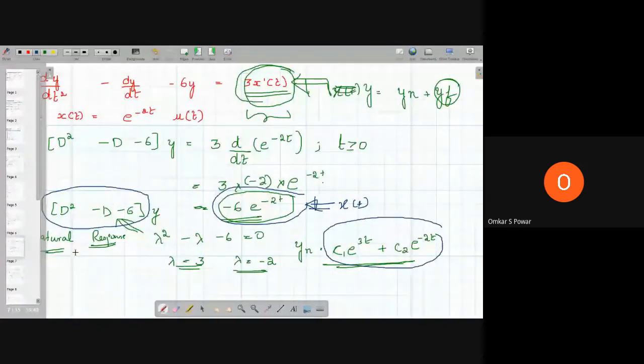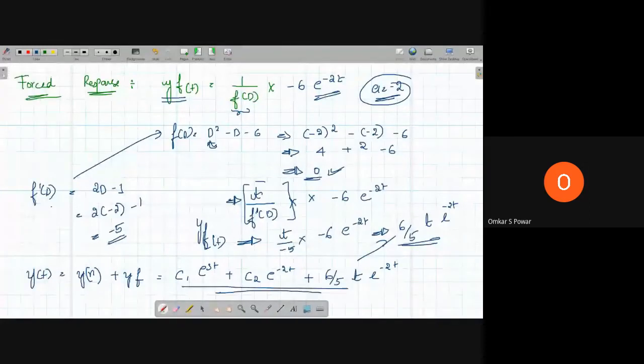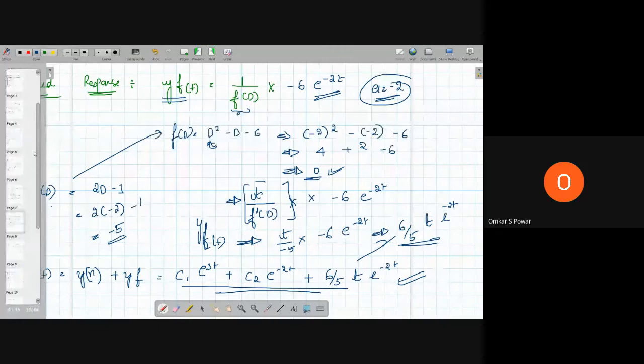C1 e power 3t plus C2 e power minus 2t, and your forced response is 6 by 5 t e power minus 2t. So this is your total response of the system. Here there was a problem of this forced response and we have solved it.